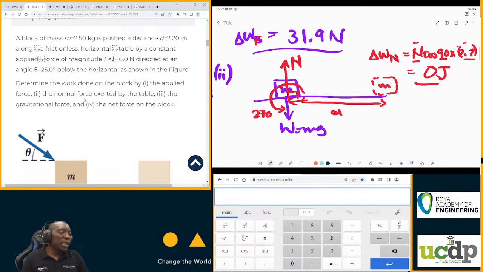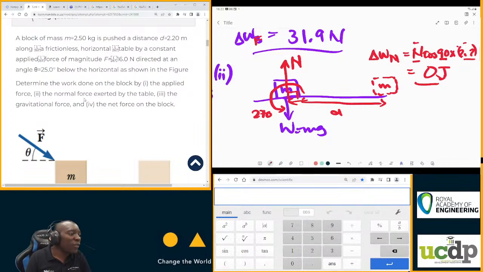Now the next part says the net force on the block. What is the work done on the block by the net force on the block? So what are we told here? A block is pulled along a frictionless horizontal table by a constant applied force of that magnitude.